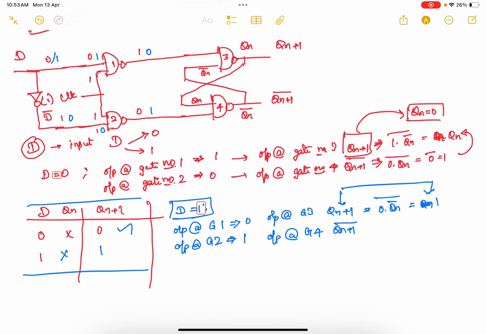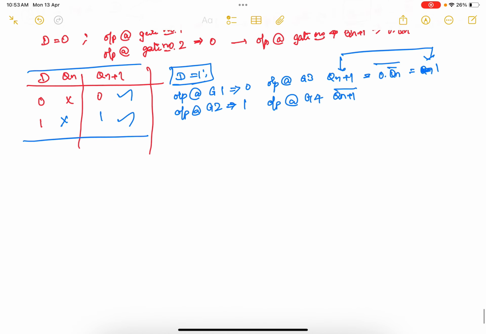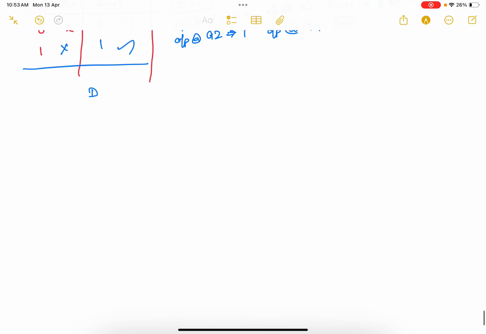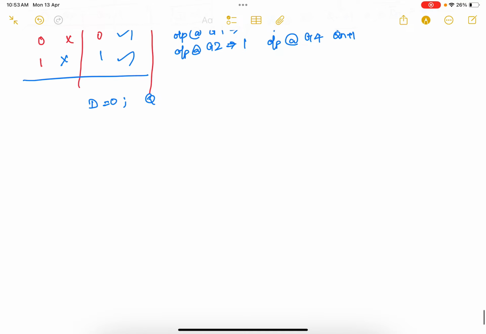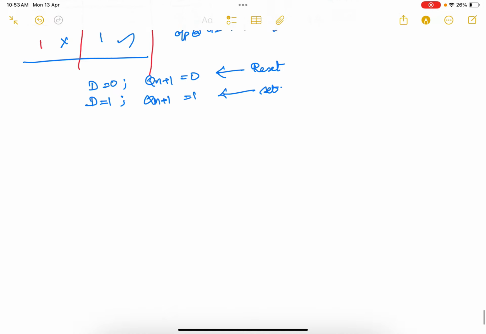One is for the reset condition, another is for the set condition. So what is the reset and set? When D equal to 0, I am getting my next state Qn plus 1 as 0. This denotes that this is nothing but a reset operation. Similarly, when D equal to 1, my Qn plus 1 is going to become 1. So this is nothing but a set condition. Clear?